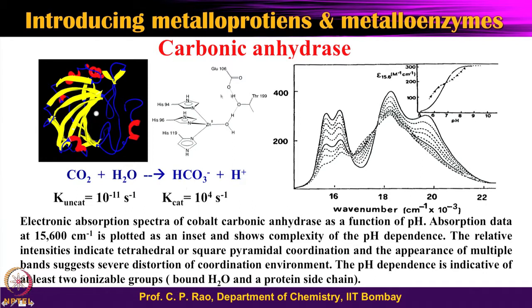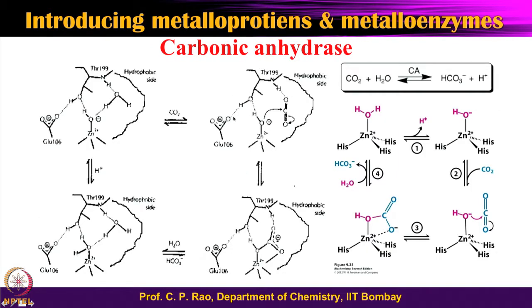Okay. So, as you can see, the zinc with the 3 histidines and the water is coupled by side chains of threonine, etc., and glutamate in a sequential way. Now, let us look at the details of the reaction mechanism. You have a zinc center, as we have seen already, and you have a protein here.